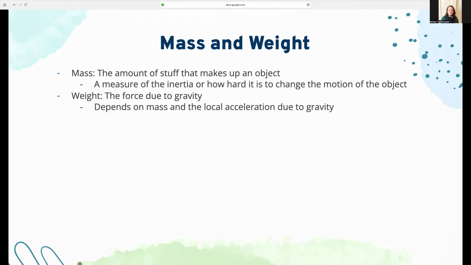It does depend on the mass of the object, but it also depends on the local acceleration due to gravity. For example, the moon doesn't have as strong a gravitational force as the Earth does. So if you were on the moon, your mass would stay the same, but your weight would be different because the local acceleration due to gravity is different.